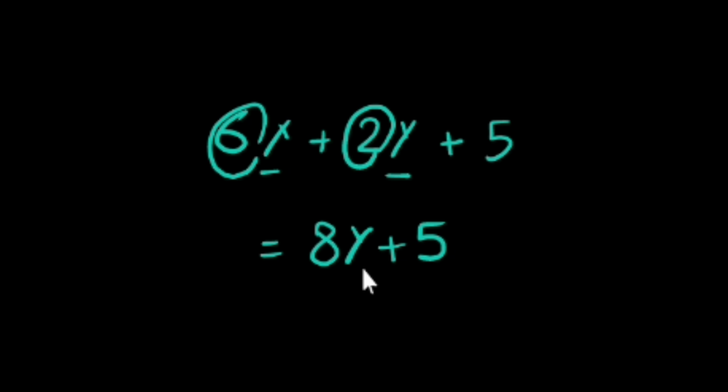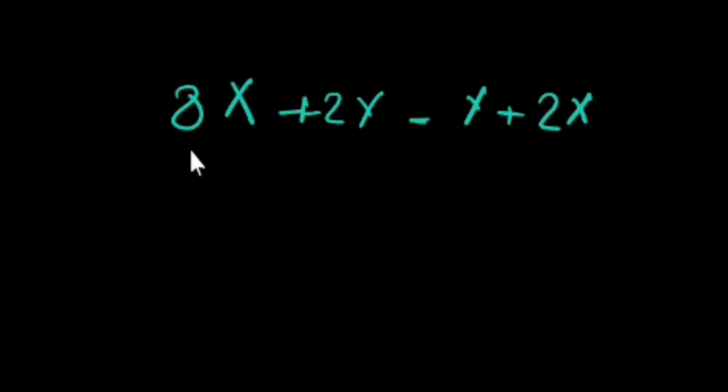Because they are different. I have here 8y, 8 of something, and I have just 5. Can I add 8 plus 5? No, no, no. Look at the variable. I have here y, and I have here nothing, so I can't add them. They are different.